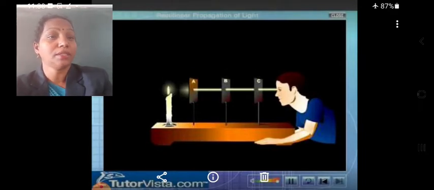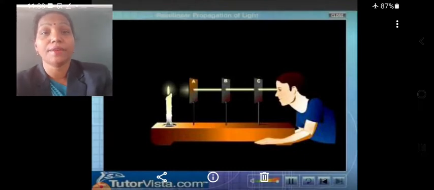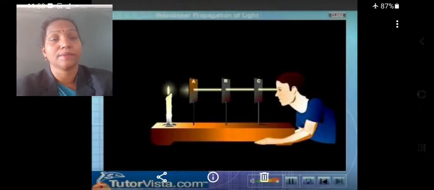From behind the third cardboard C, when we look at the candle through the holes, we can see the candle light. How do we see the candle light? That means through these holes the light travels in a straight line and reaches our eyes. That's why we can see the light of the candle very clearly.